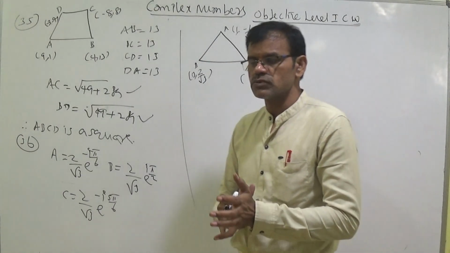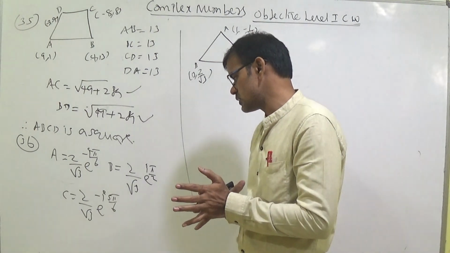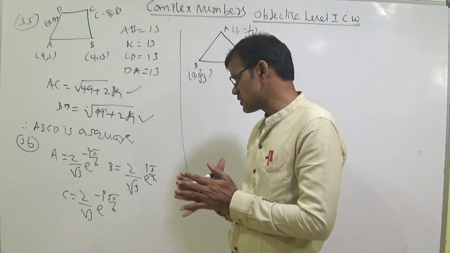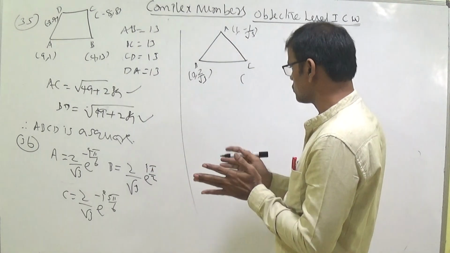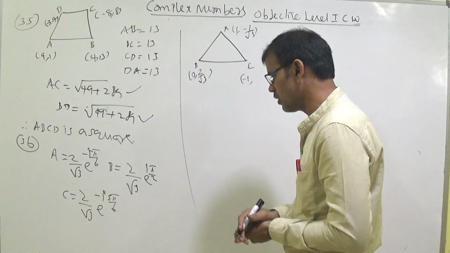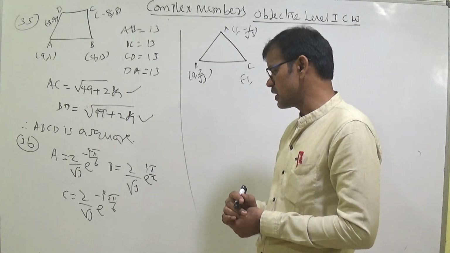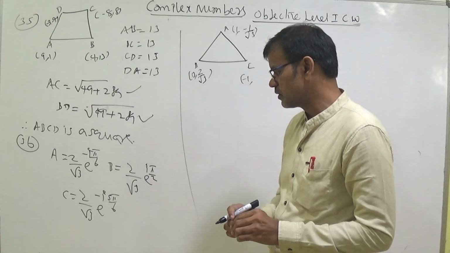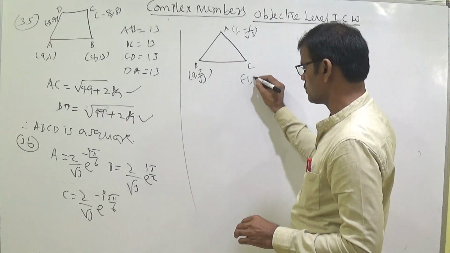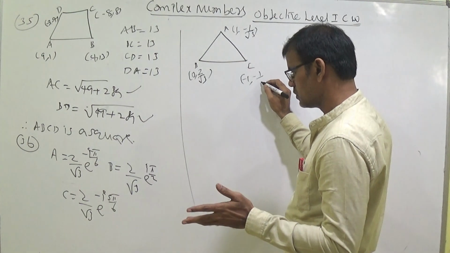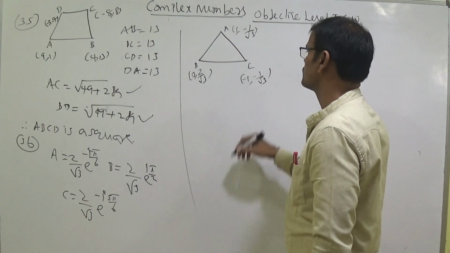Cos 150 means cos of 180 minus 30, minus cos 30, minus of minus becomes a plus. 2 by root 3 and root 3 by 2 get cancelled, so it is minus 1, comma, sin 150, sin of 180 minus 30, is sin 30, with the minus sign, so minus 1 by root 3.